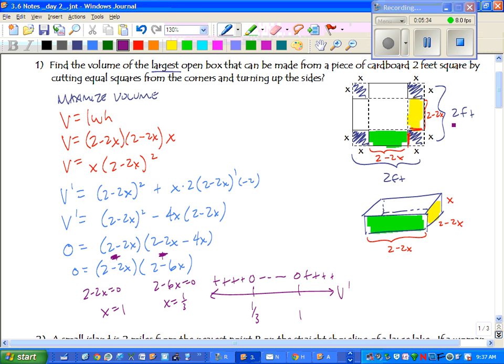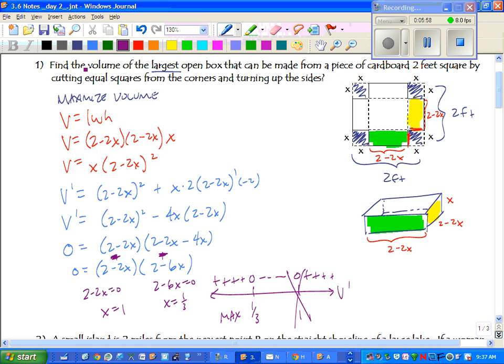That would make up our whole allotted 2 feet on each side. We'd just be folding it in half. We wouldn't be able to create this shape. So that one wouldn't even be possible. It has to be smaller than 1 in order for us to create a box. So this tells us that our minimum happens when x is 1/3. I'm sorry, our maximum happens when x is 1/3.